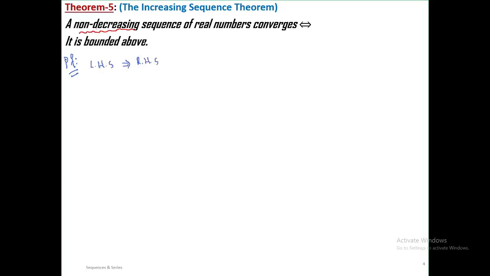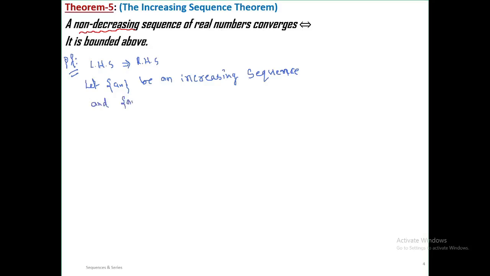Given that a sequence is increasing, let the sequence an be an increasing sequence, and which converges. An increasing sequence of real numbers converges.